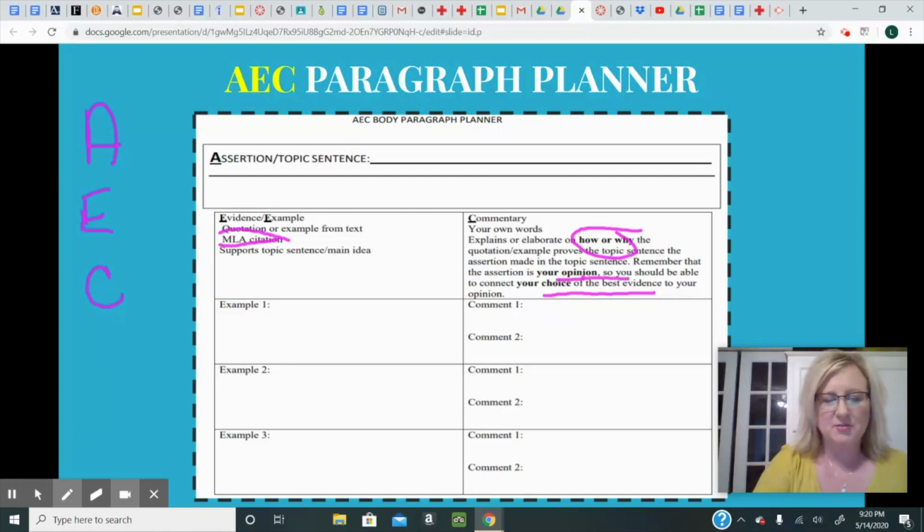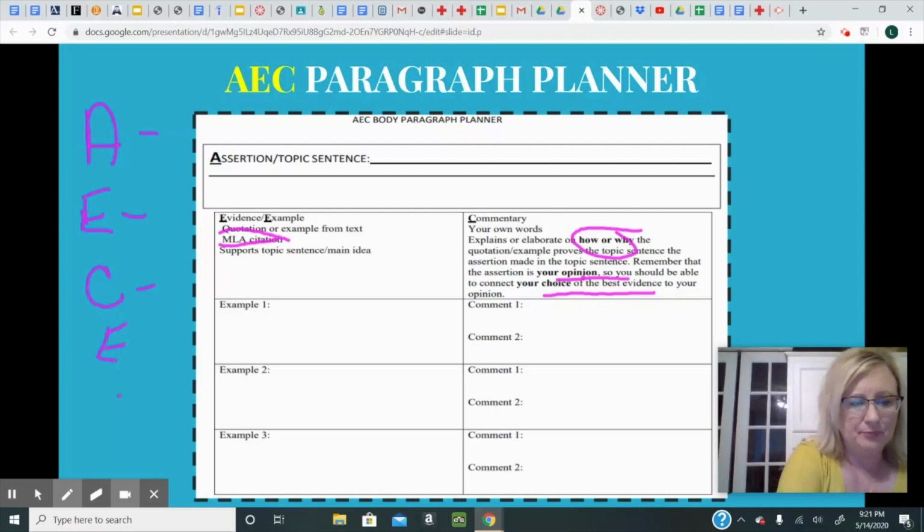So let's be clear. You can have more than just one sentence for the assertion, one sentence for the evidence, and one sentence for the commentary. Obviously, we can have paragraphs larger than 3 sentences. So we have some additional space for the students to think about writing additional ones. It could be an AEC, EC.